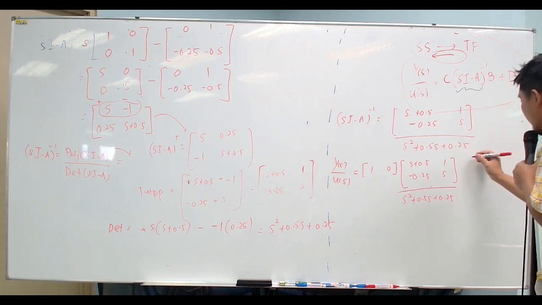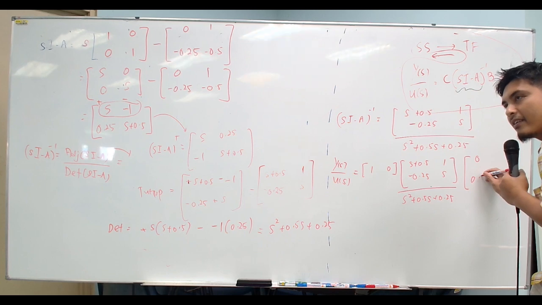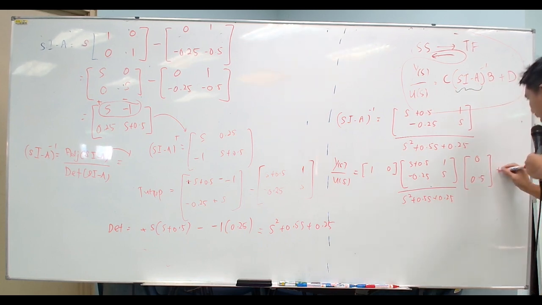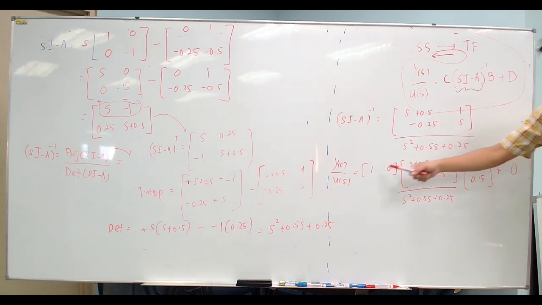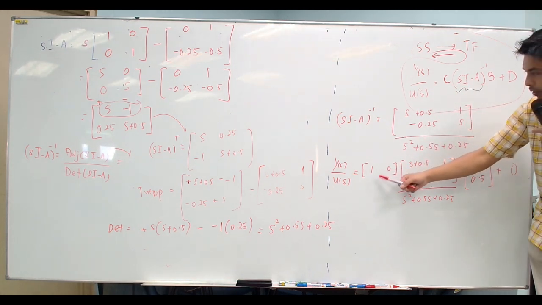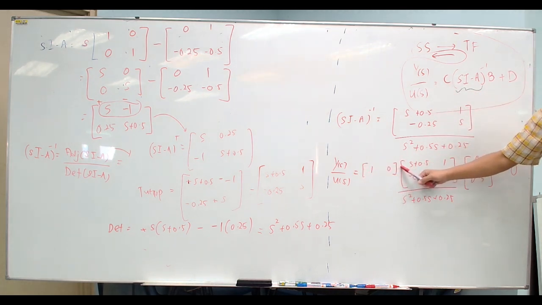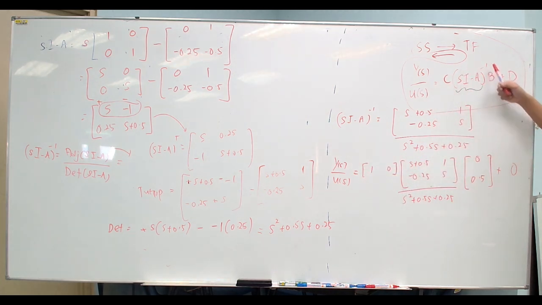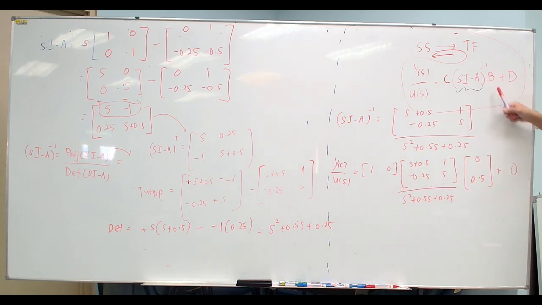And then your B matrix is [0; 0.5], plus your D matrix is 0. So you need to align your information according to this formula. Write C first, and then (sI minus A) inverse, and then multiply with the B, plus D, which is 0.